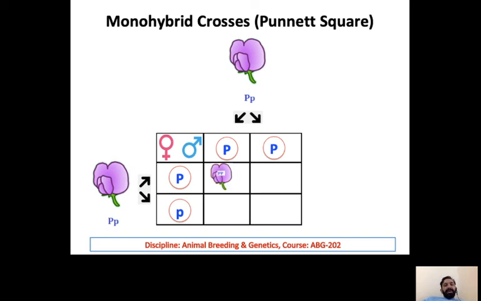And when they are intercrossed, we will get capital P, capital P together, and it would be dominant, both of the alleles, the color would be purple. Similarly, capital P, small p, the result is heterozygous. Capital P, small p, the result is heterozygous. And small p, small p, the result is homozygous recessive, and that is basically white in color.